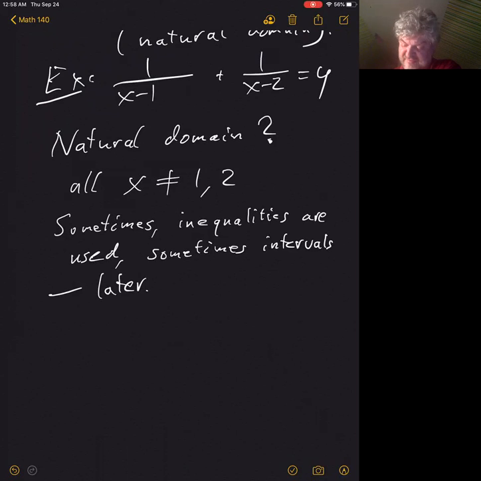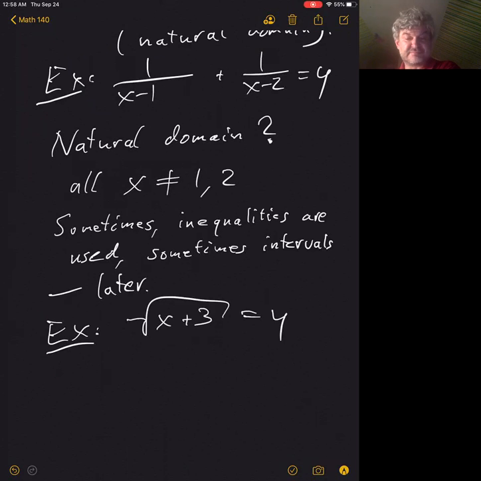But maybe one more example where the natural domain is something different. Not every x value is possible. Square root of x plus 3 equal to y. Now the default, behind the default is that we're always dealing with real numbers. In this module, nothing about complex numbers.